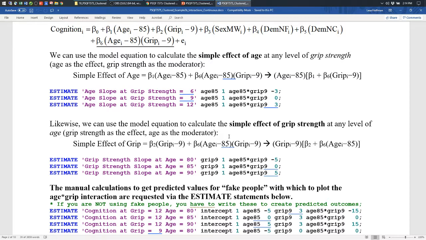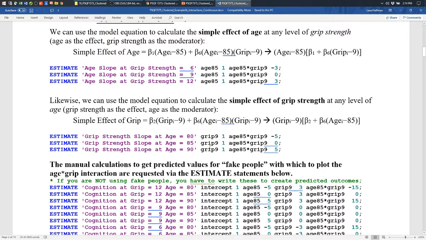So what these syntax lines are calculating is this term in parentheses next to age. I need one beta 1 plus however many beta 6s go with the grip strength value that I'm asking for. So if I want grip strength of 6, I fill in a -3 relative to 9. 0 gives me 9, and 3 gives me 12.